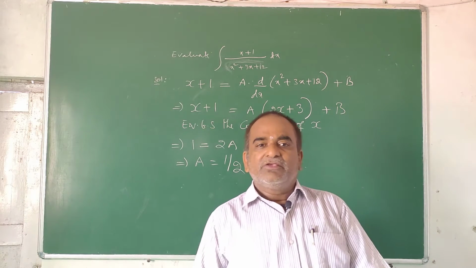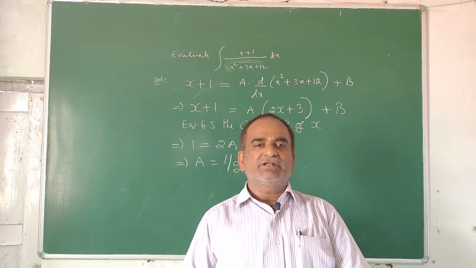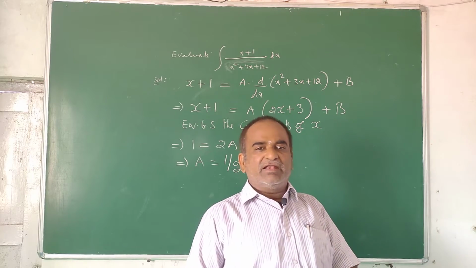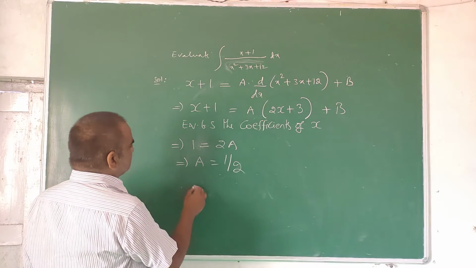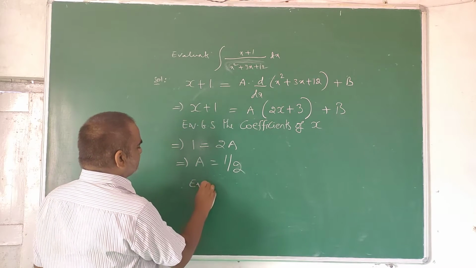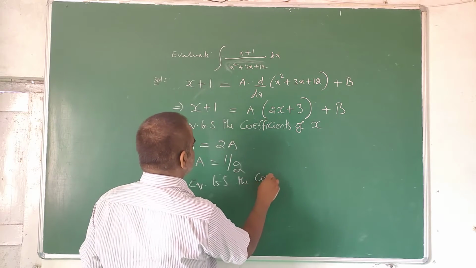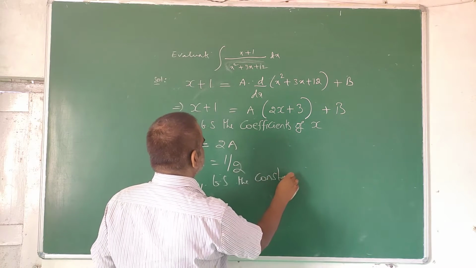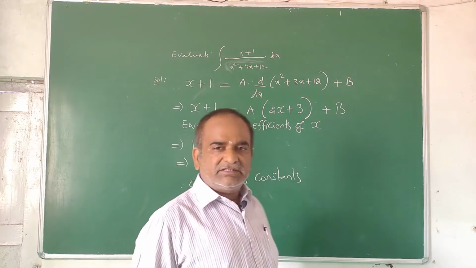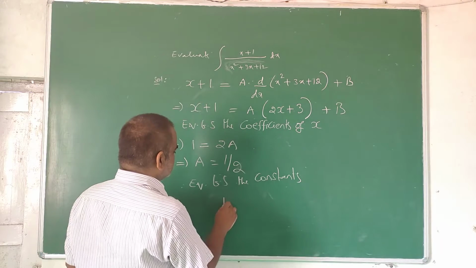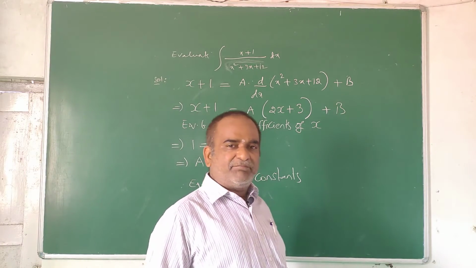So you got one arbitrary constant value. Now you should get the other value, the b value. For that, compare constants, equating both sides the constants: this side the constant is 1, this side the constant is 3a plus b.